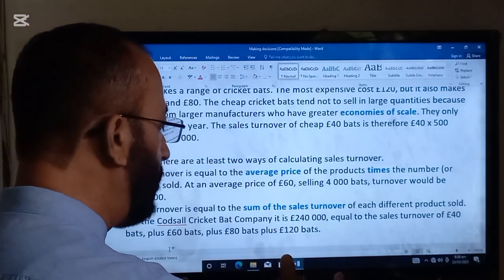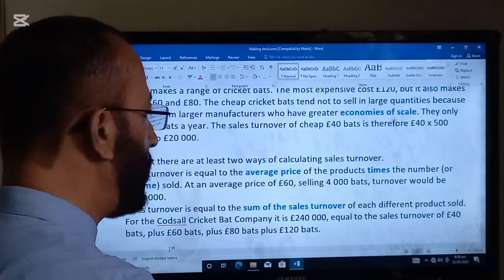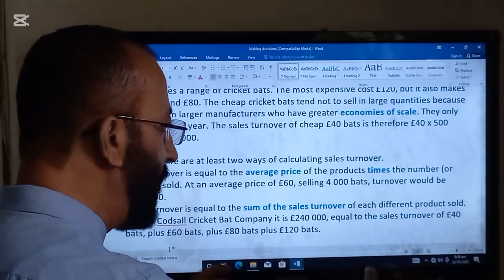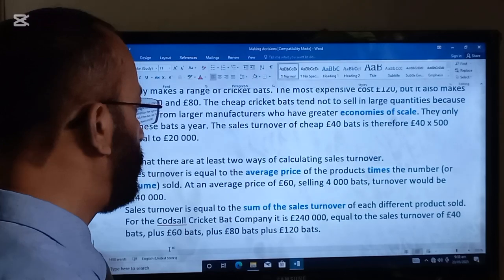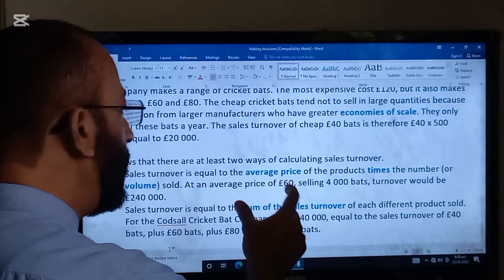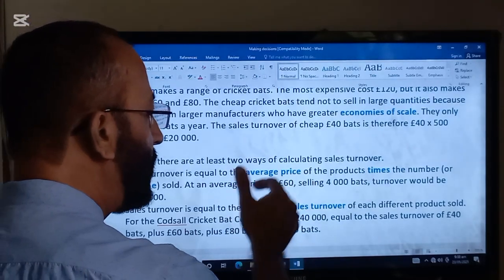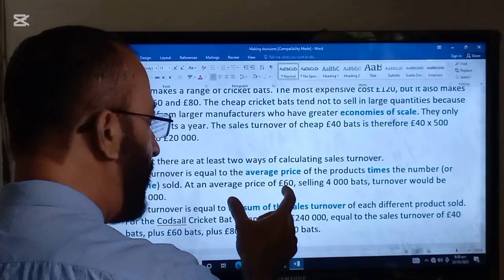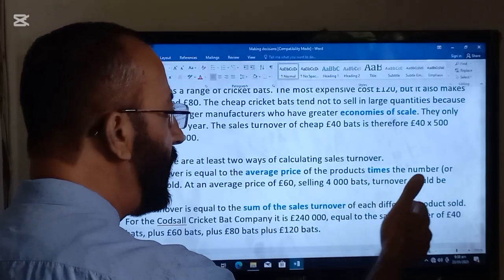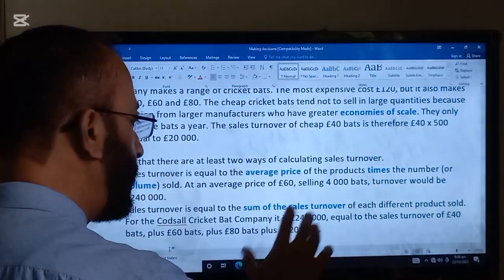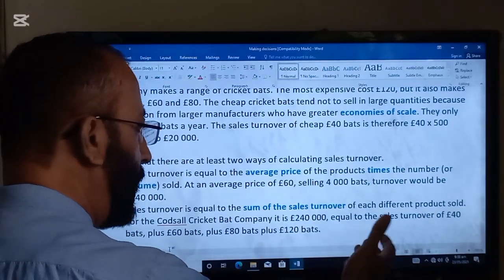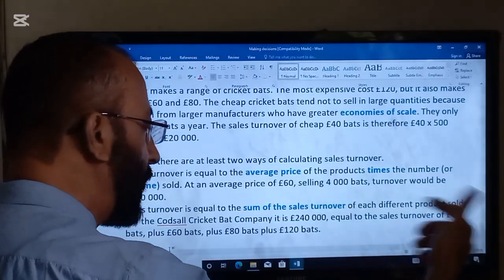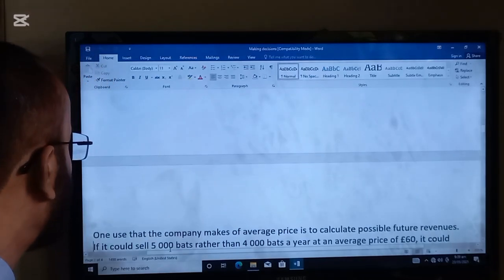So this is another method of calculating the sales turnover, by calculating the different items separately. One method is to multiply the average price with the number of items sold. The second method is to add the different items separately, which will be equal to the total sales turnover.